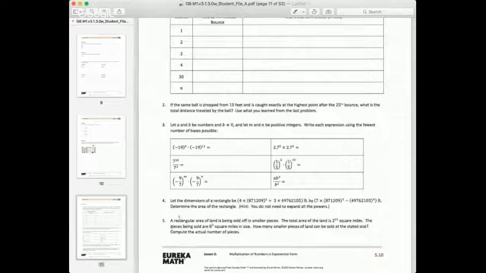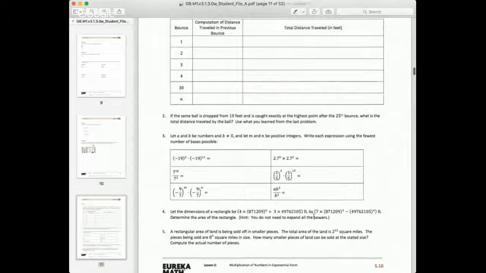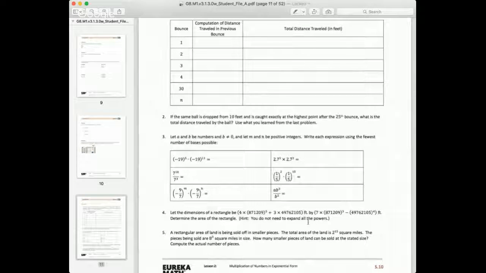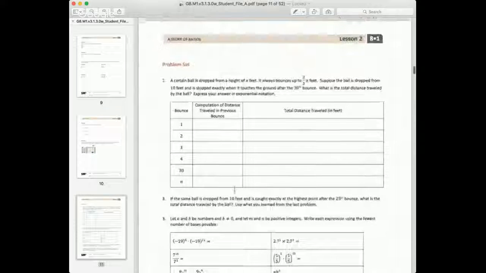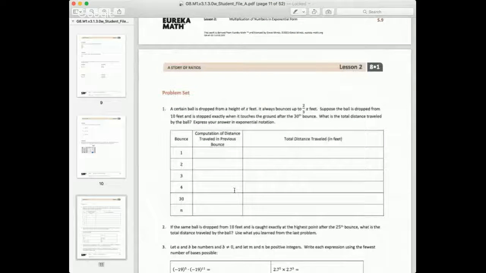Look at this here. Let's look at problem 5. We talk about rectangular areas of land being sold off in smaller pieces. We talk about dimensions of a rectangle. This can be very daunting to a student in 8th grade, especially in middle school, if you haven't seen these problems during that day in math class.